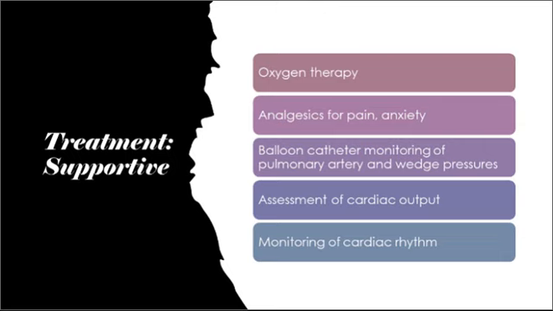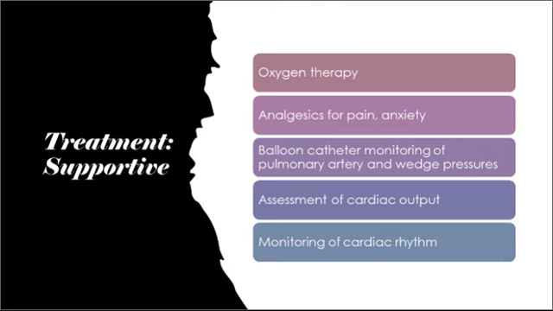All your therapy is supportive. Again, you can look on your table on page 1301 on your clinical therapies. Oxygen therapy, analgesia for pain and anxiety, balloon catheter monitoring, that's with your wedge pressures, which we talk about in our congestive heart failure and cardiomyopathy, and measuring your pulmonary artery wedge pressure.